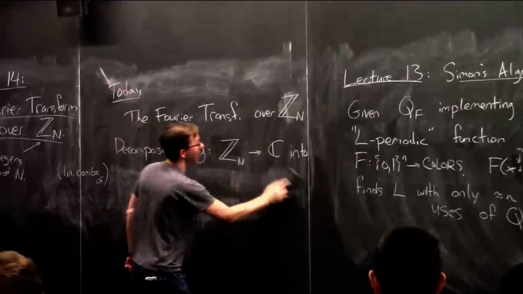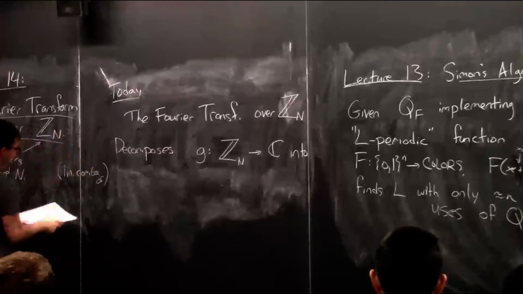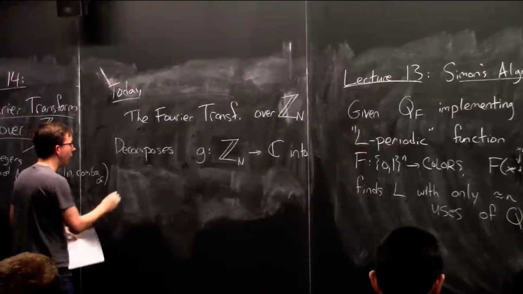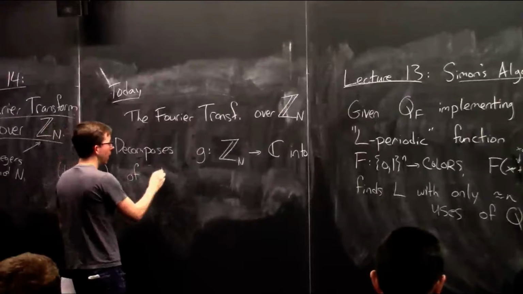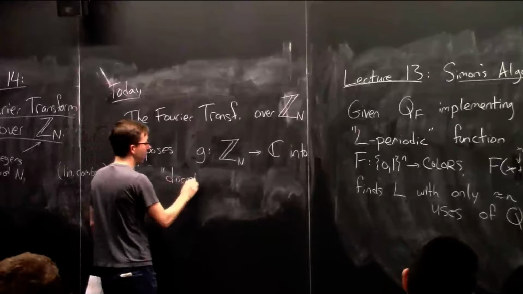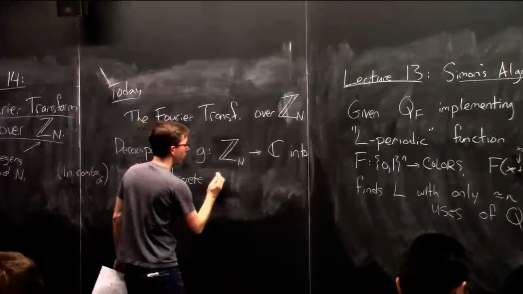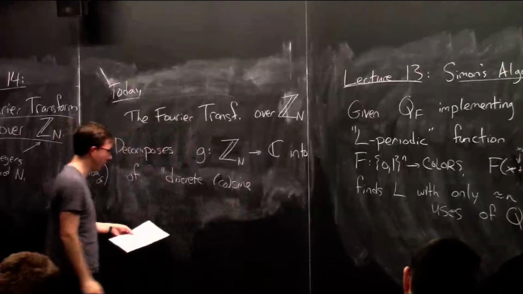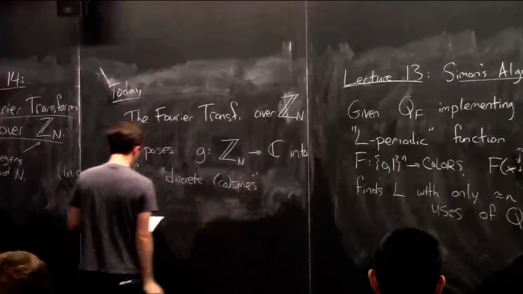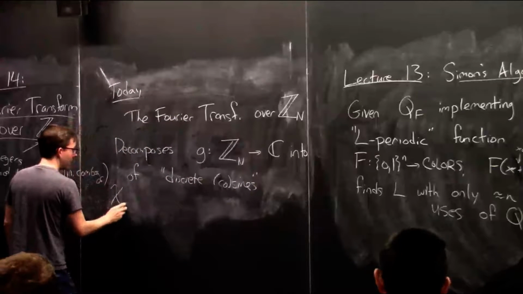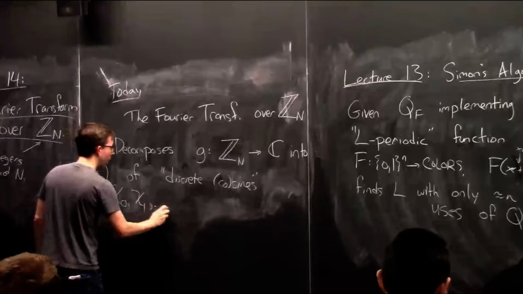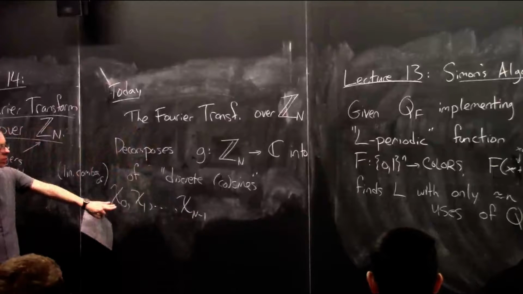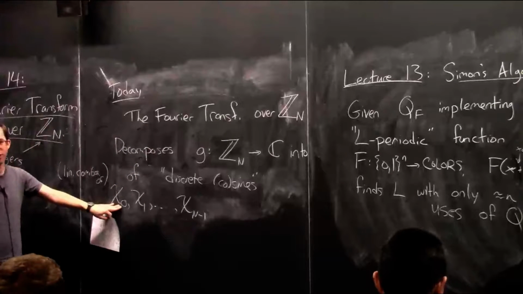But you'll catch on. So we're going to be decomposing these g's into linear combinations, or strengths, of various discrete sine and cosine functions, although we won't stress this too much, but there will be some angles involved. These are going to be some functions, chi 0, chi 1, up to chi N minus 1. And again, these functions are going to be indexed by the integers between 0 and N.